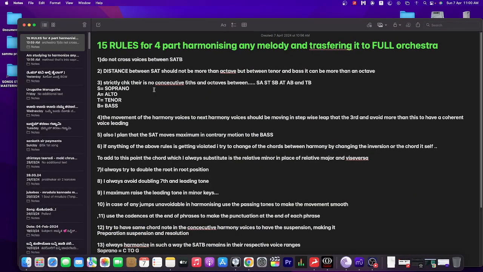The second rule is the distance between soprano, alto, tenor. The distance between soprano and alto, and alto and tenor should not be more than an octave, but between tenor and bass it can be more than an octave.